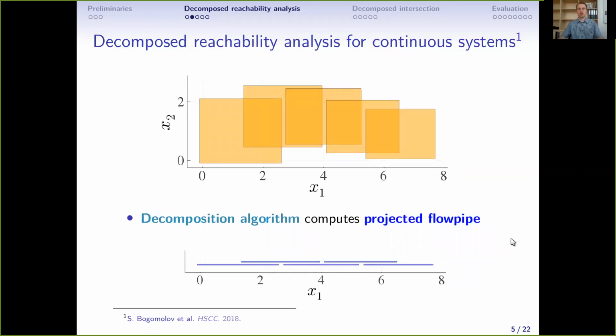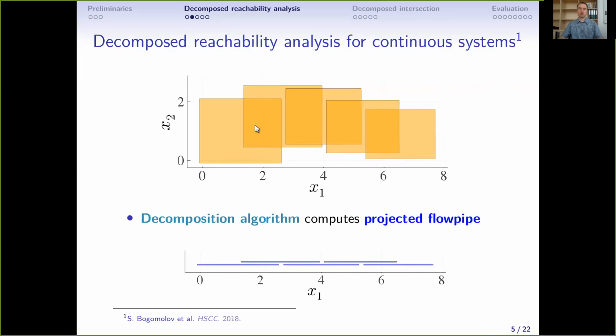Okay, so recall this flow pipe that we computed in high dimensions. By the way, by high, in this presentation, I will always use 2 dimensions because I can draw them, but of course, everything generalizes to higher dimensions. So we have this high dimensional flow pipe, and there is an algorithm that we presented 2 years ago that computes a flow pipe in a projected space.